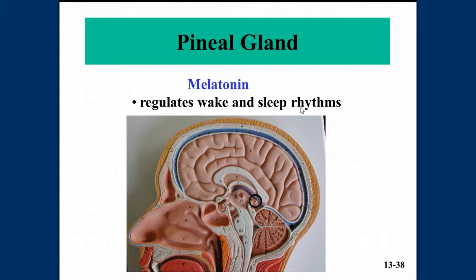The retina also monitors or will respond to light, and it raises the amount of melatonin. Dark decreases the amount of melatonin, and it helps to establish a circadian rhythm or sleep-wake patterns. Okay, the pineal gland, melatonin.